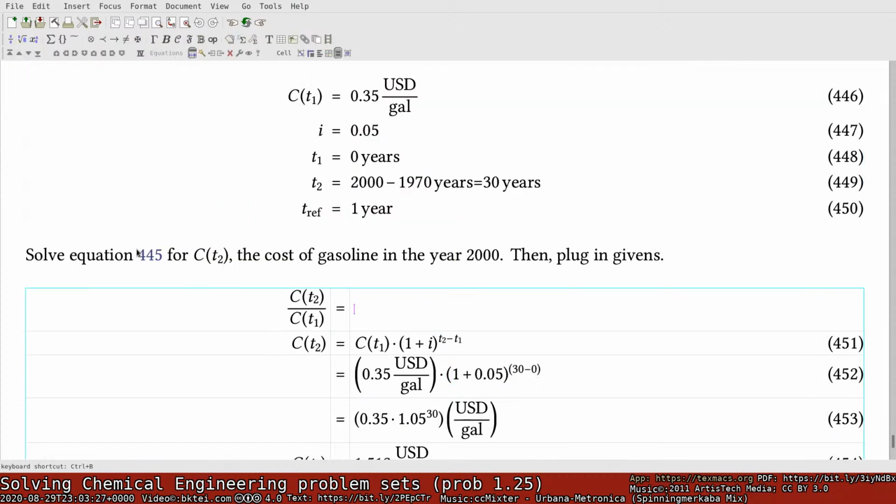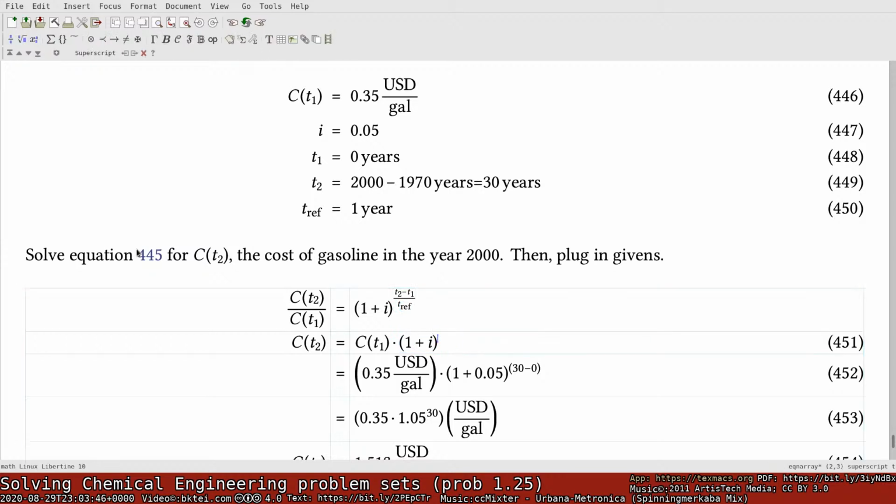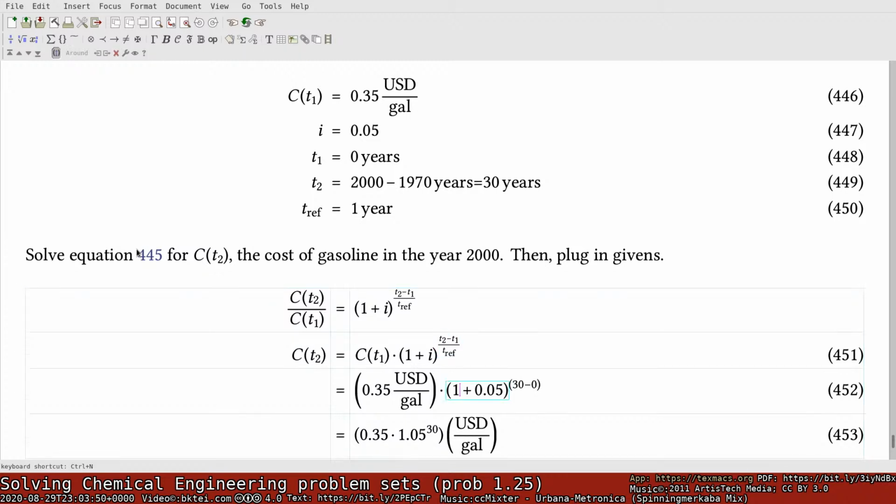Into here. And add in, make this substitution. Copy this, replace this here.